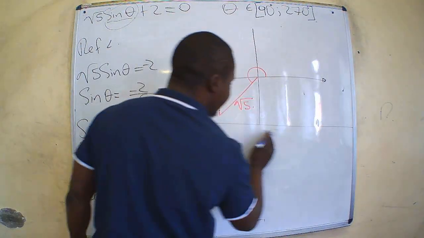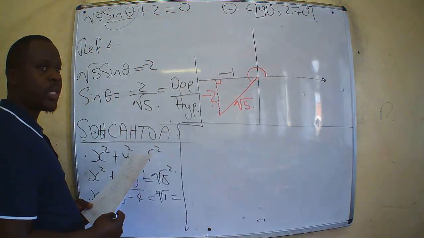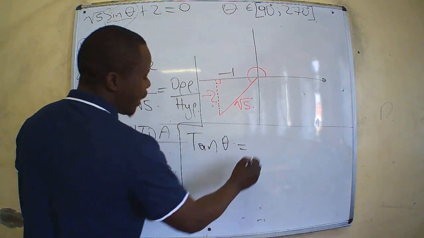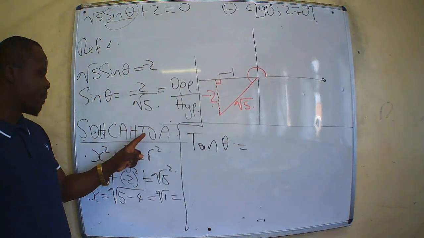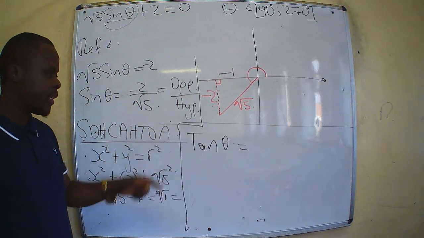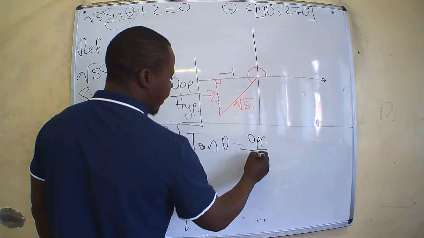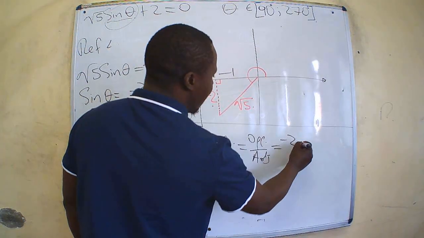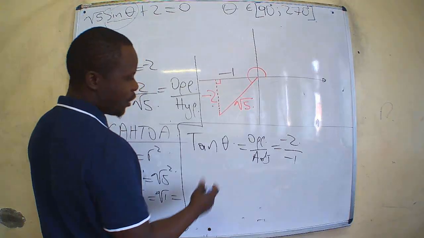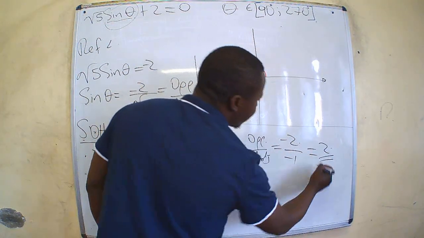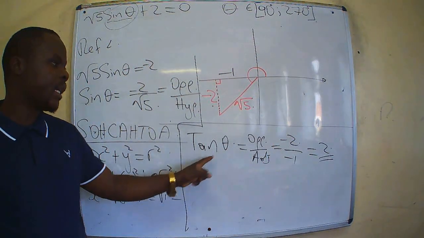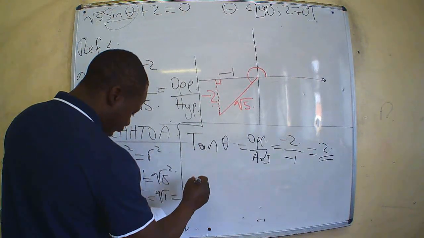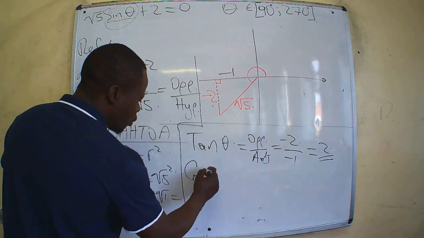Now we can answer because we have opposite, adjacent, and hypotenuse. Applying SOH CAH TOA, tan theta is equal to opposite divided by adjacent. Our opposite is negative 2. Our adjacent is negative 1. So if you divide the two, you get positive 2. So tan theta is equal to positive 2. The next question was about cosine 2 theta.